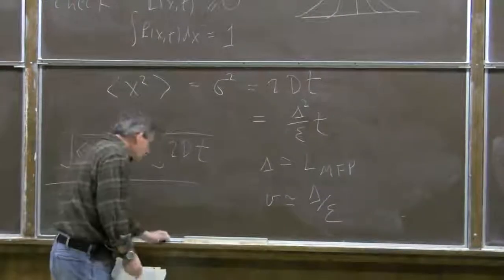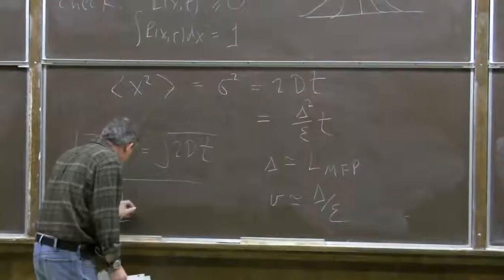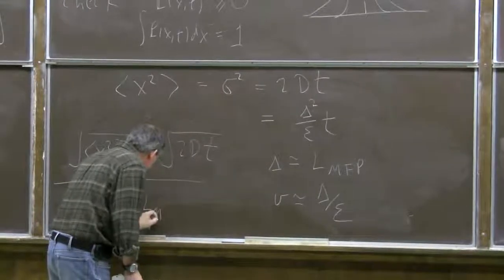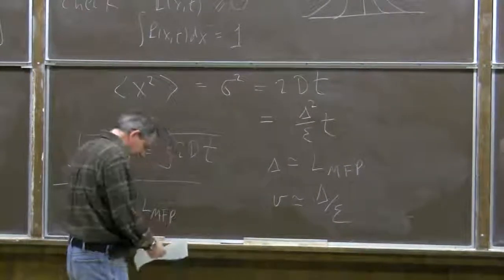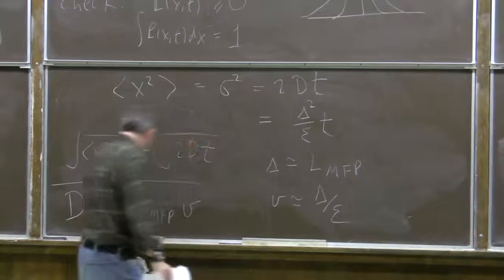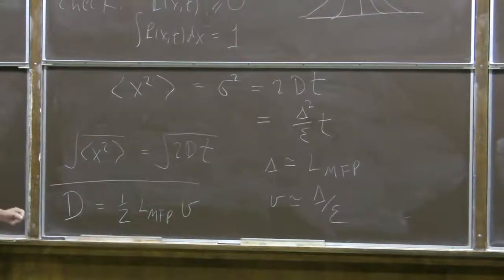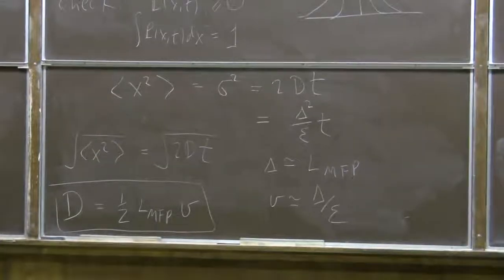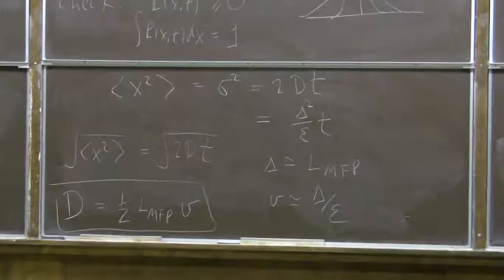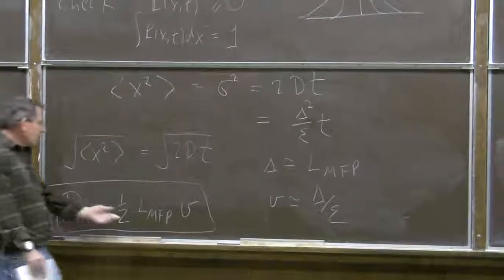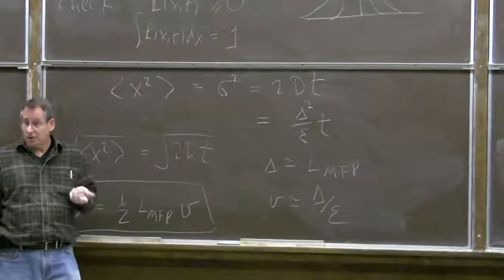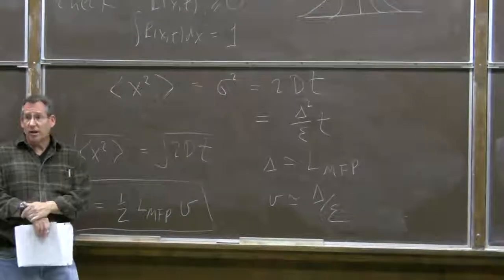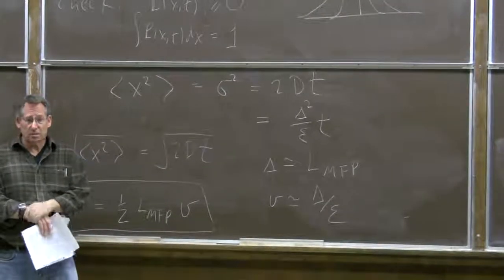But what is of broader interest is we can think of it as a mean-free path times the speed. So the mean free path is how far you travel before you forget what your initial direction of motion is. V is how fast you travel. The product of the two is essentially the diffusion constant, which tells you how quickly the probability distribution spreads.